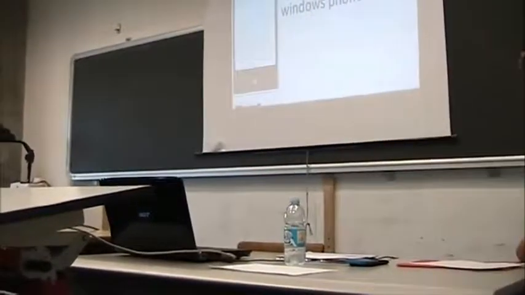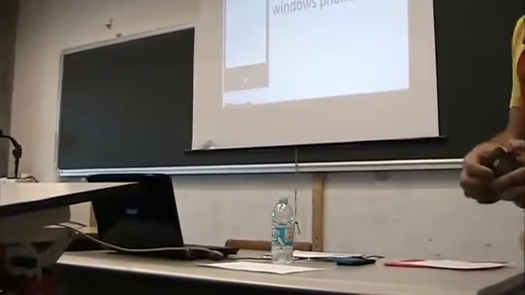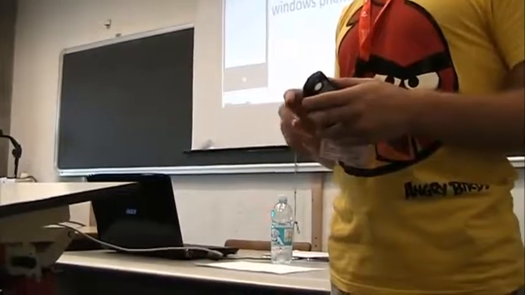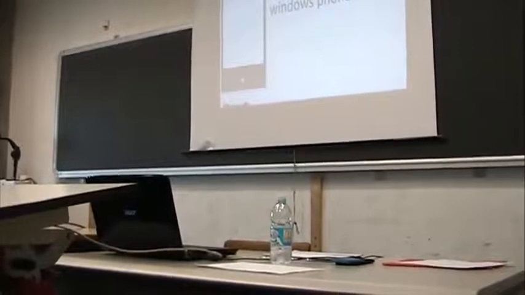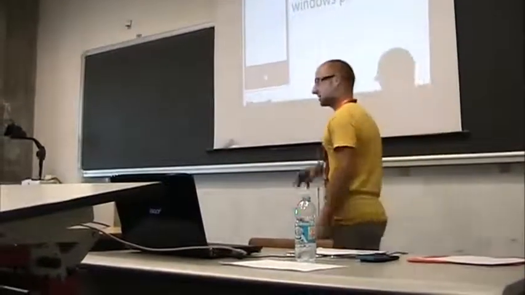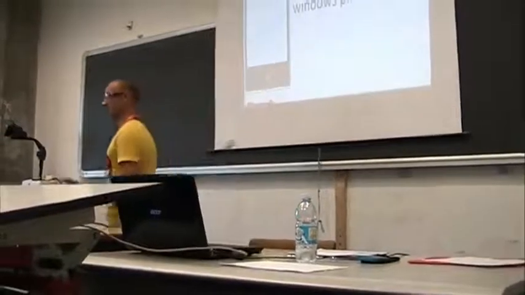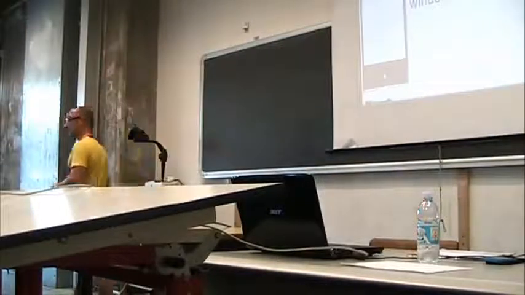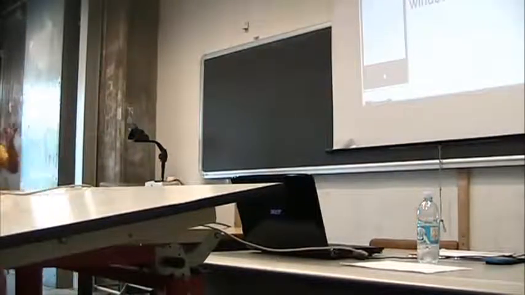Now, everybody knows Windows Phone 7. How many people know it? Raise your hands. Oh, okay. Windows Phone is the platform from Microsoft that runs on mobile phones. It's really new, so it's kind of young, but the technology is not that young.